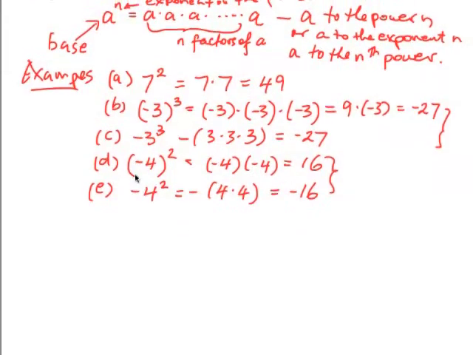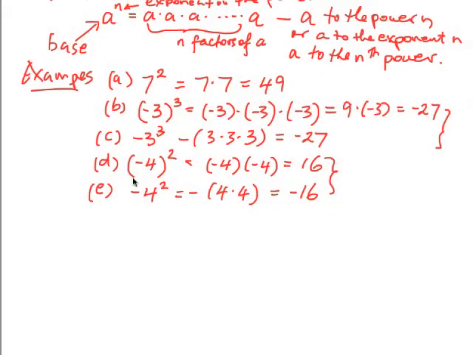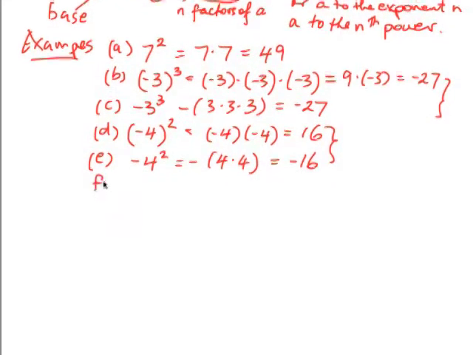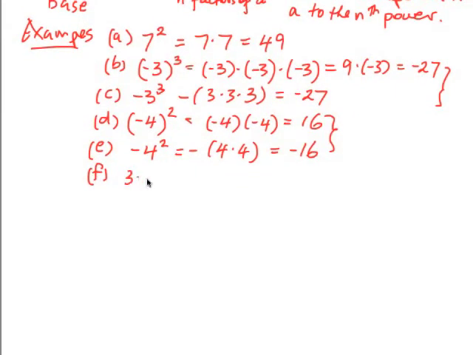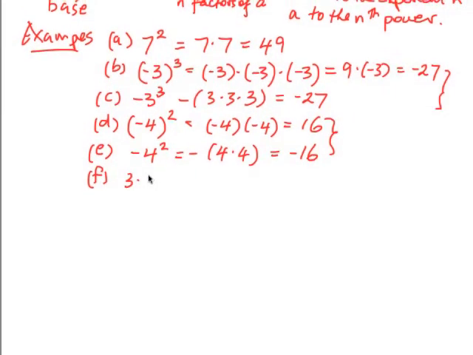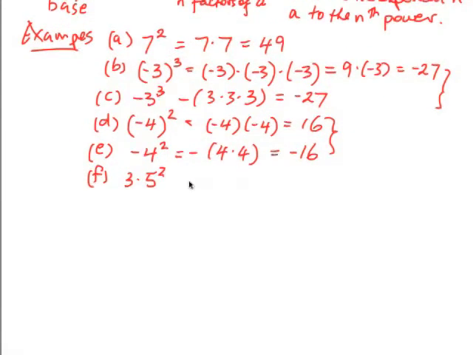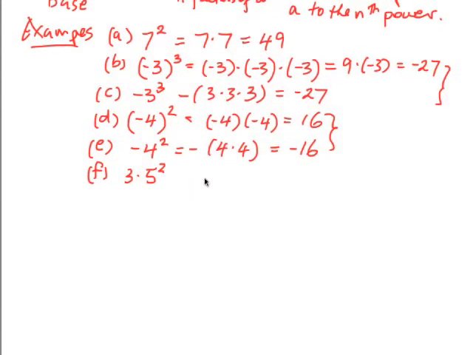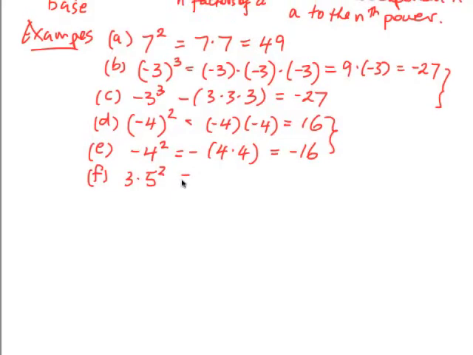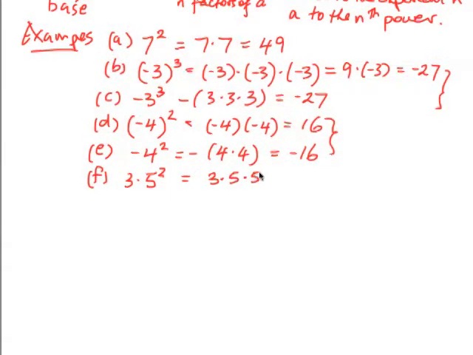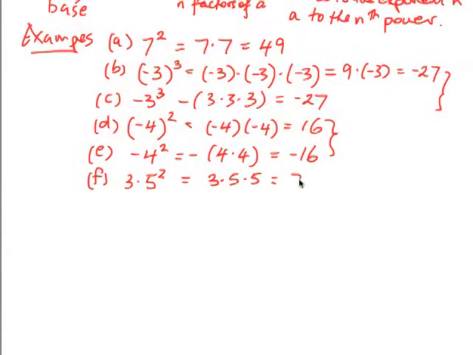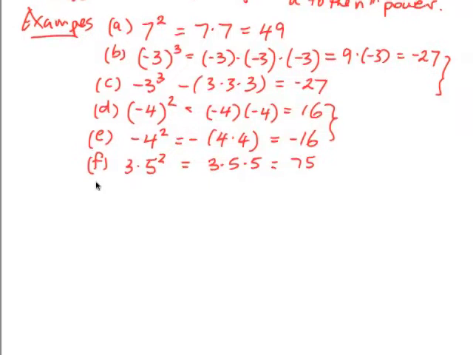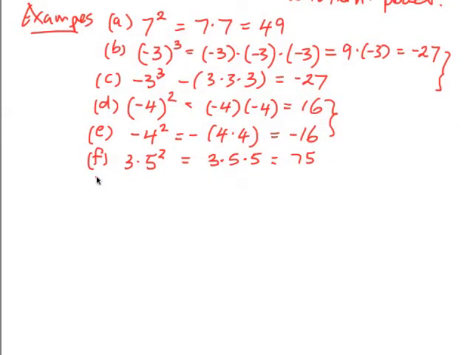What about if we have 3 times 5 squared? What's this equal to? Well, this is equal to 3 times 5 times 5, which is 3 times 25, so that will be 75.